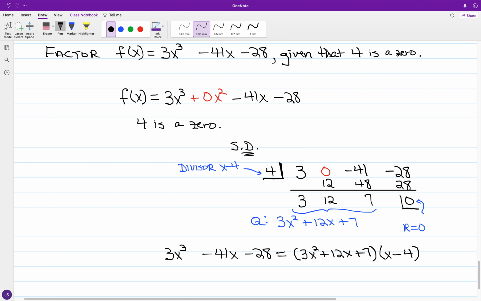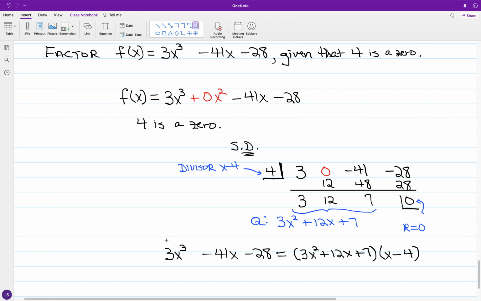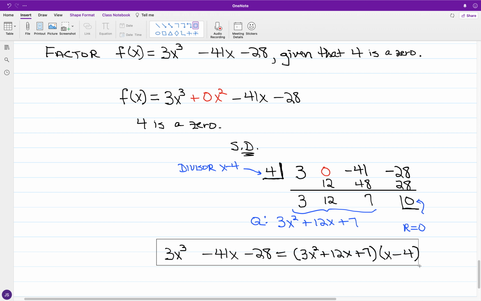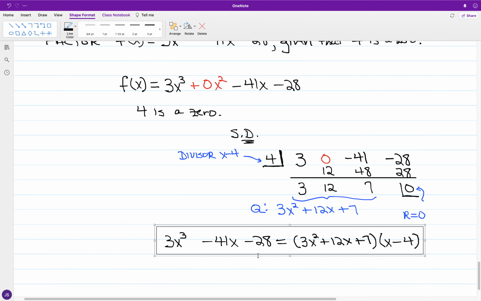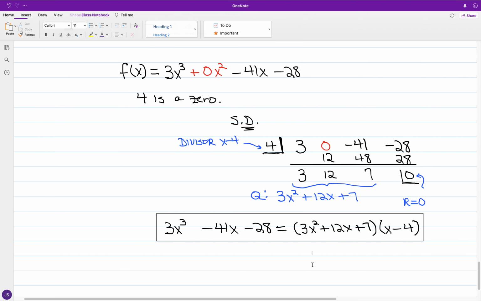So this is completely factored with real integer coefficients. Again, 3x cubed minus 41x minus 28 is equal to the product of 3x squared plus 12x plus 7 times the quantity x minus 4.